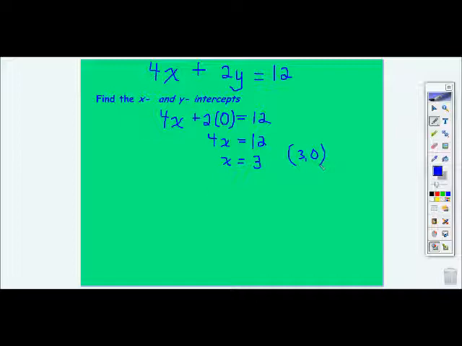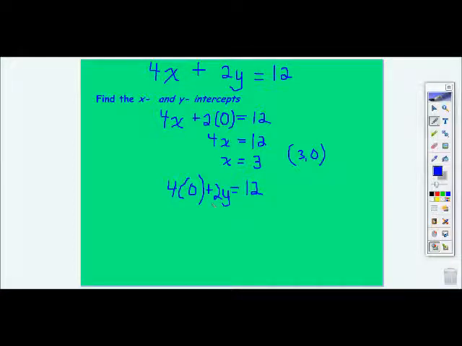We're going to do the same thing, this time substituting 0 for x. That means we're not going to move left or right on our grid, but we want to find out how we're going to move up or down, on the y-axis. So 4 times 0 plus 2y gives us the 12-mile stretch.